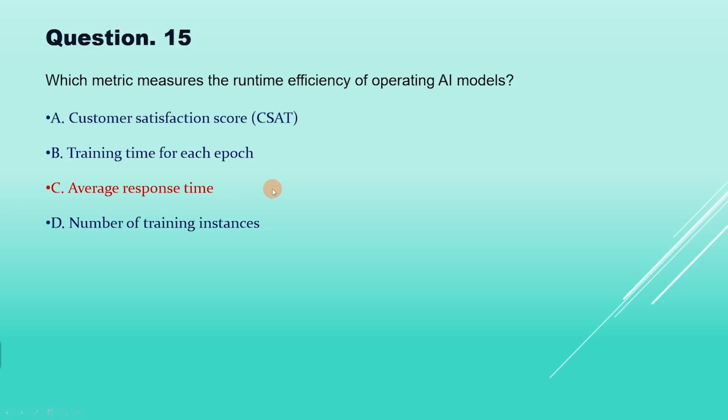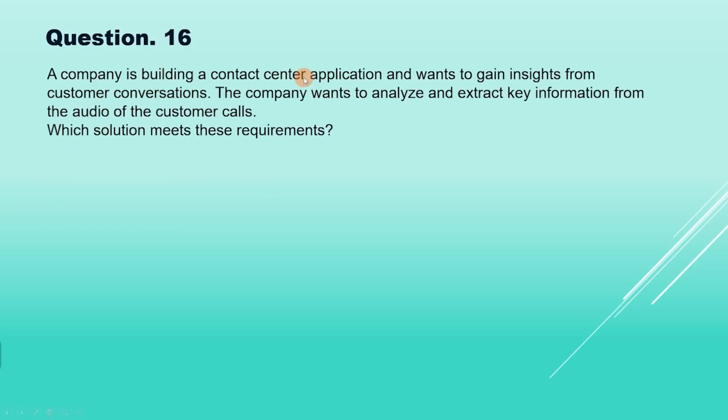Now question number 16. A company is building a contact center application and wants to gain insights from customer conversations. The company wants to analyze and extract key information from the audio of the customer calls. Which solution meets this requirement? Option A, build a conversational chatbot by using Amazon Lex.